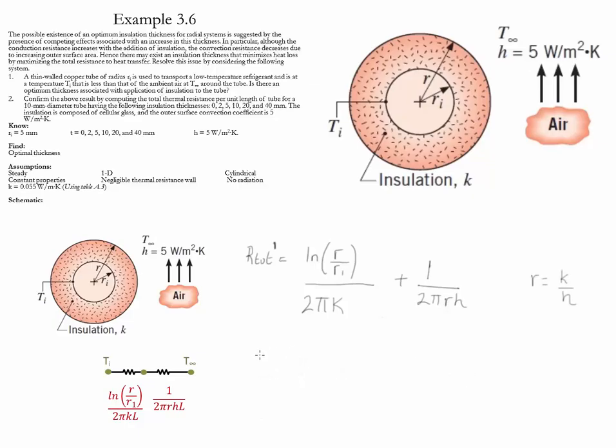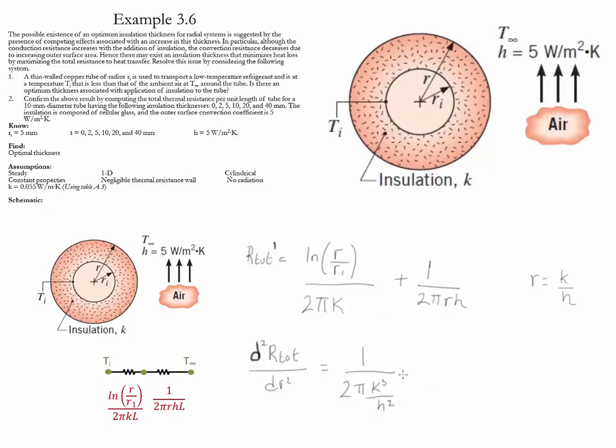The next step is to determine whether the value of R is going to minimize or maximize the total resistance. That is done by taking the second derivative of the total resistance with respect to R. So if we calculate the second derivative of the total resistance with respect to R, we find that this value is equal to 1 over 2 pi k cubed h squared.